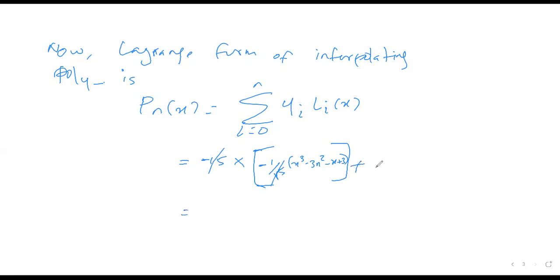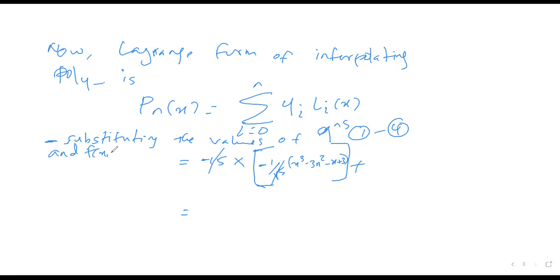Plus, what about the next term? You can also write something after this one. Here you can write: substituting the values of equations 1 to 4 and the f(xi) values, we obtain.